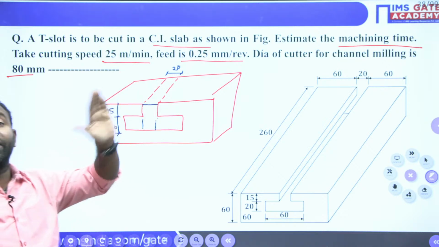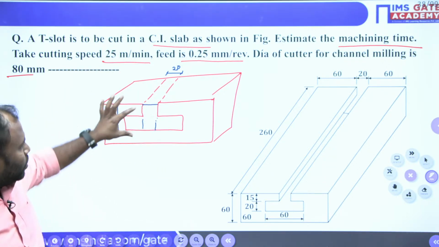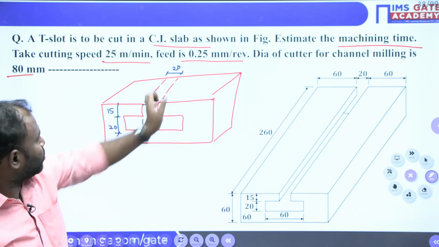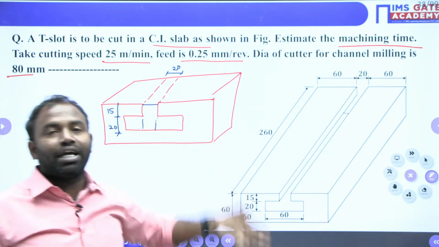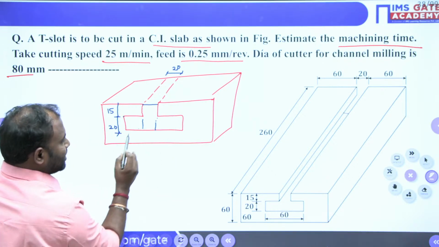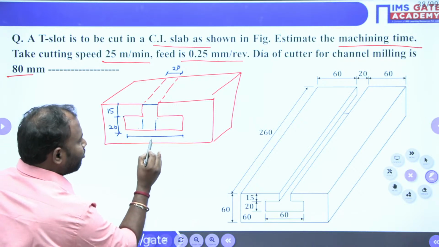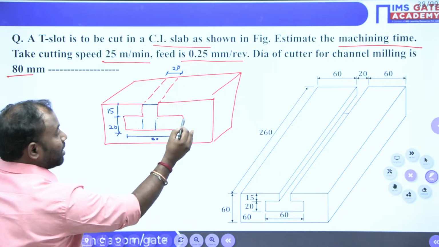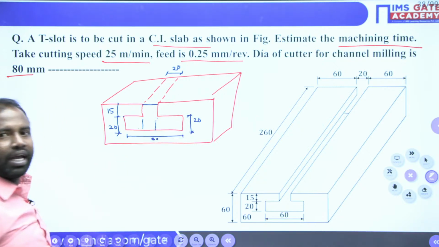For that, we have to calculate the machining time, isn't it? So, the machining time for the 35 mm depth and 20 mm width slot we have to calculate. After that, the machining time for the 60 mm wide, 20 mm depth slot we have to calculate.